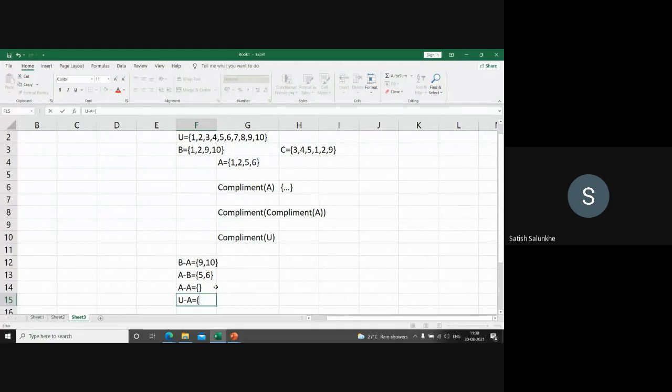It should be very fast. What is the answer? It will be equal to A complement. So what are the elements? 3, 4, 7, 8, 9, 10.